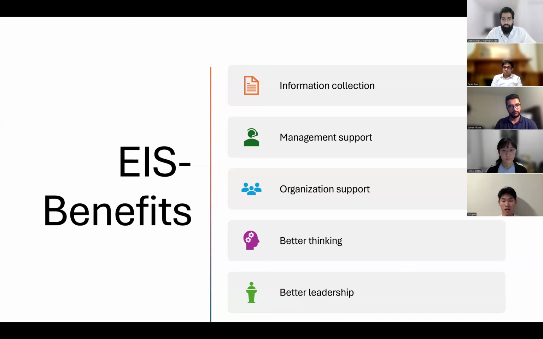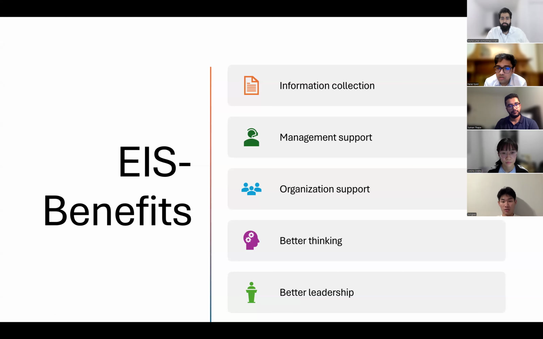Third, it provides organization support by simplifying workflows and avoiding redundancy, helping everyone stay aligned with goals and making sure everyone is rowing in the same boat.